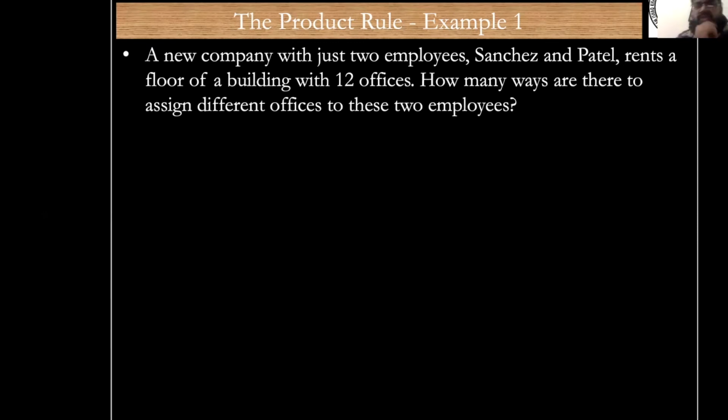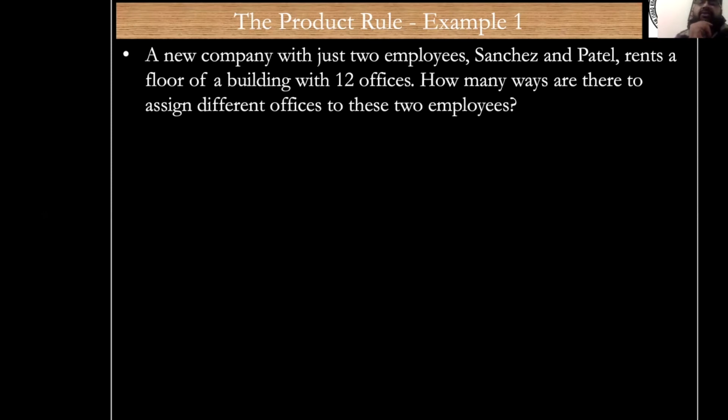For example, if Sanchez chooses office 1, then Patel can choose any of 2, 3, 4, 5, 6, 7, 8, 9, 10, 11, 12. That means if Sanchez chooses option 1, you can combine it with any of the other 11 offices. So there are 11 options for Patel.